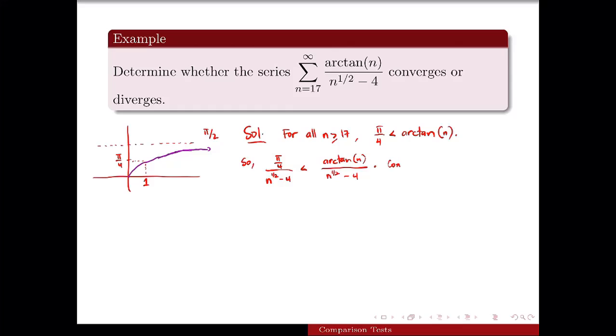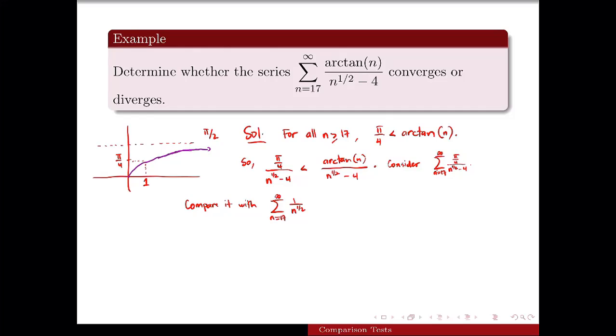So consider the series pi over 4 divided by n raised to 1/2 minus 4, starting from 17 up to plus infinity. Compare it with the series 1 over n raised to 1/2, and n starts from 17 up to plus infinity.